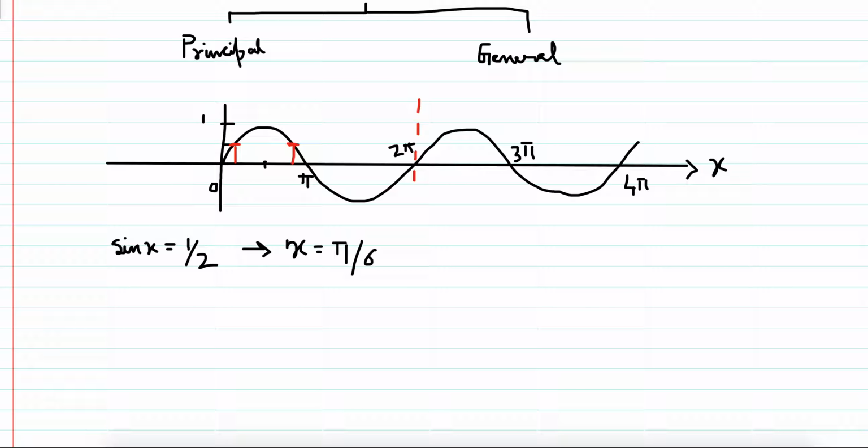So in 0 to 2 pi we will have two such values, pi by 6 and pi minus pi by 6, because we know that sin pi minus x is same as sin x. But sin 2 pi minus x will be minus of sin x, and sin pi plus x will also be minus sin x.